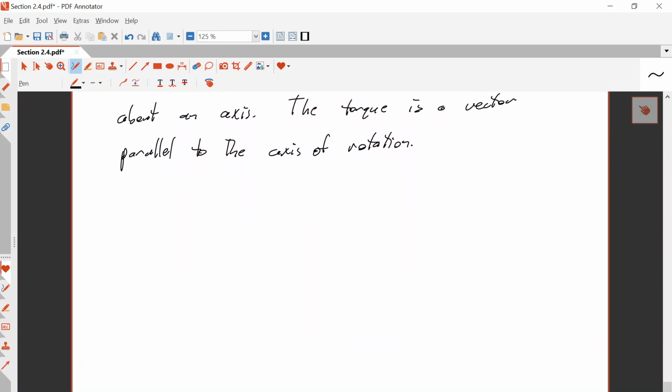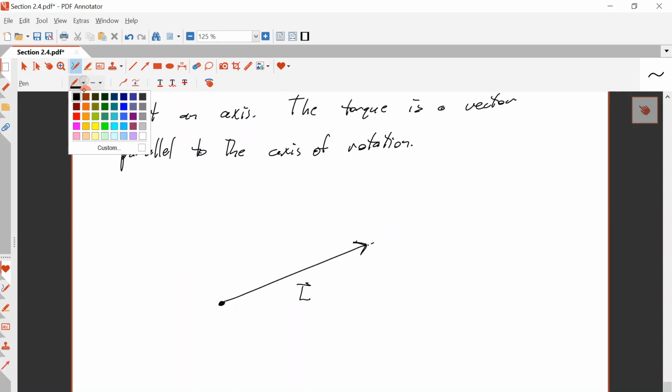So the idea is as follows. You've got this lever vector here, and you can extend that vector out this way. Let's use dashed lines. And then you can make a perpendicular there as well.